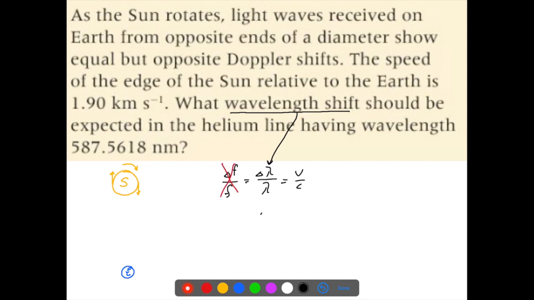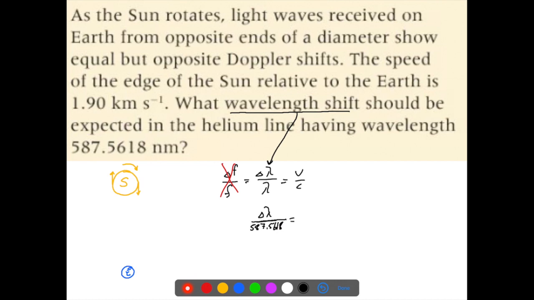So we're going to go with the change in wavelength, that's what we're looking for, divided by the original wavelength, which was 587.5618 nanometers. Now, because this is a fraction, as long as I keep the units in each fraction the same, I don't need to worry about changing to meters. You could, but these two are both going to be nanometers and the units are going to cancel out, right?